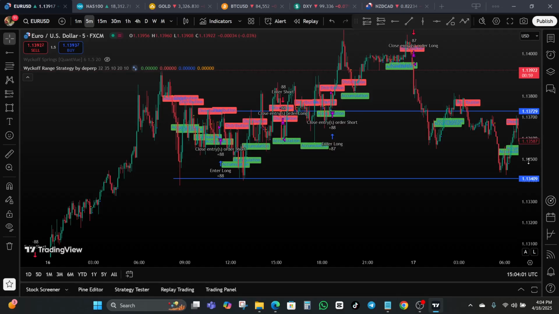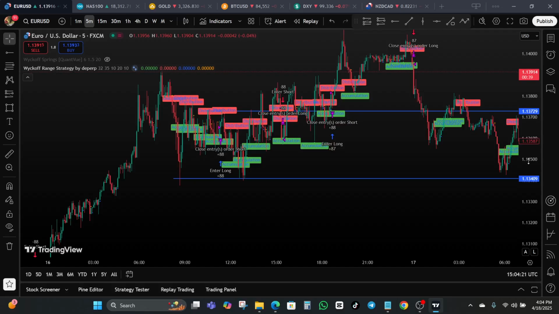So traders often get caught chasing moves, right? But the Wyckoff indicator flips the script. It helps you anticipate moves. It doesn't just show you where price is, it gives you clues about where price wants to go. Okay?